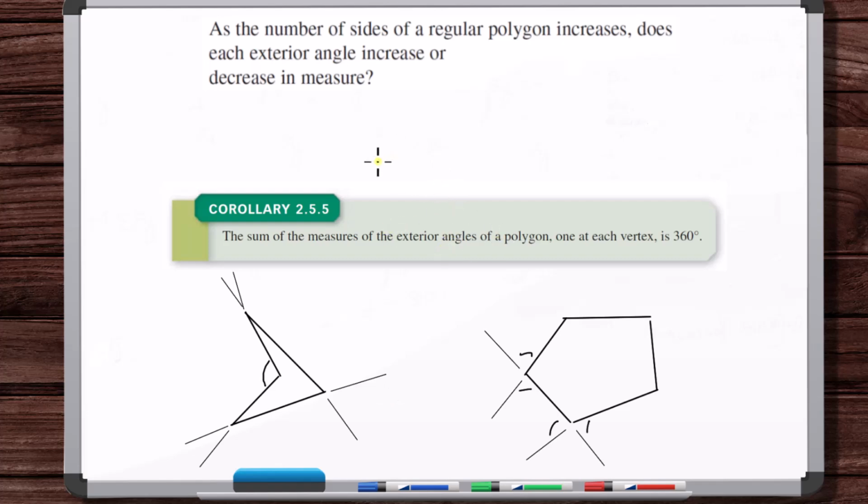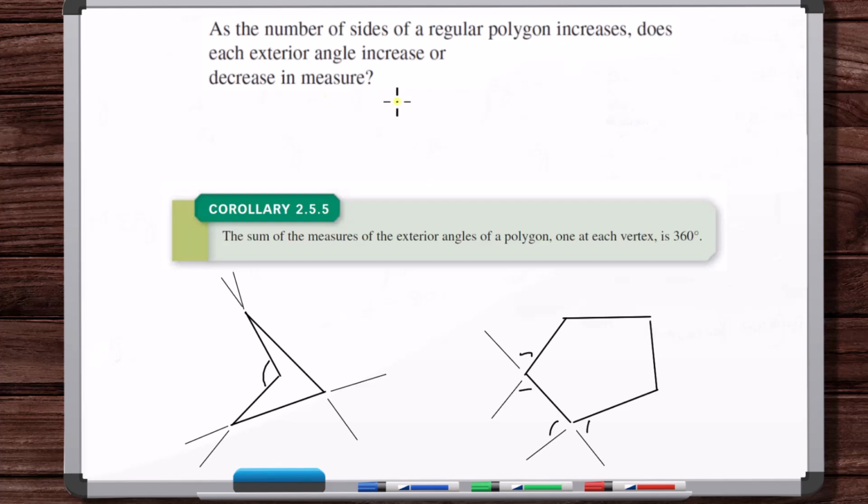And with that, as the number of sides of a regular polygon increases, does each exterior angle increase or decrease in measure? Well, a regular polygon is going to have, just like all the interior angles were equivalent in measure, the exterior angles equivalent in measure.